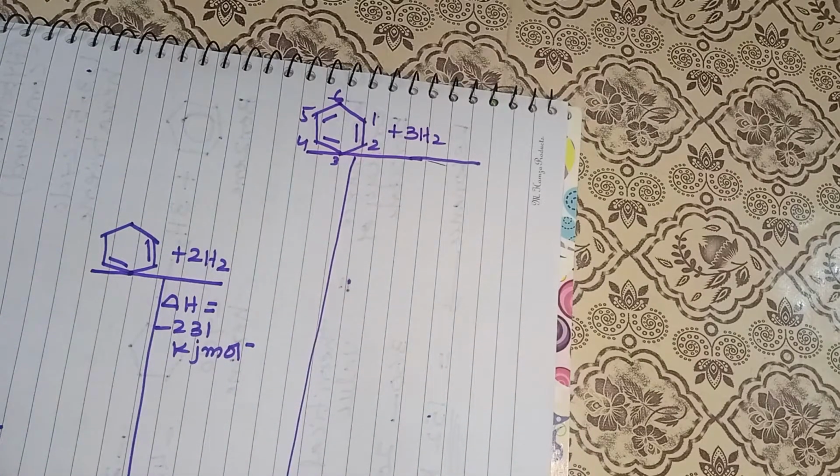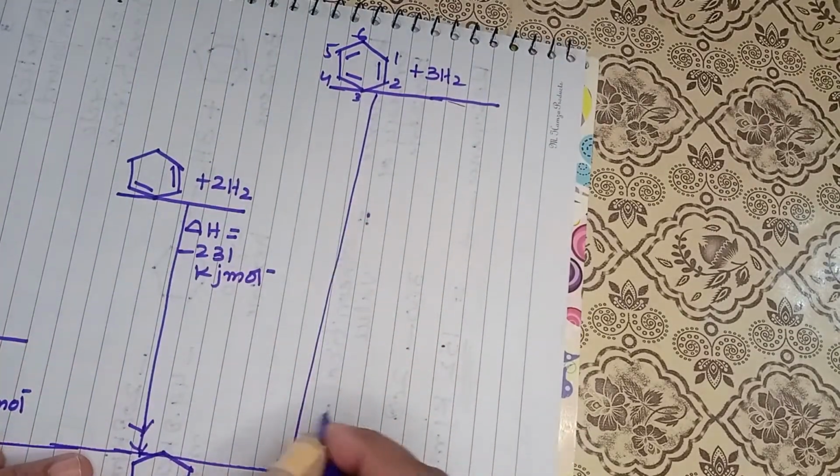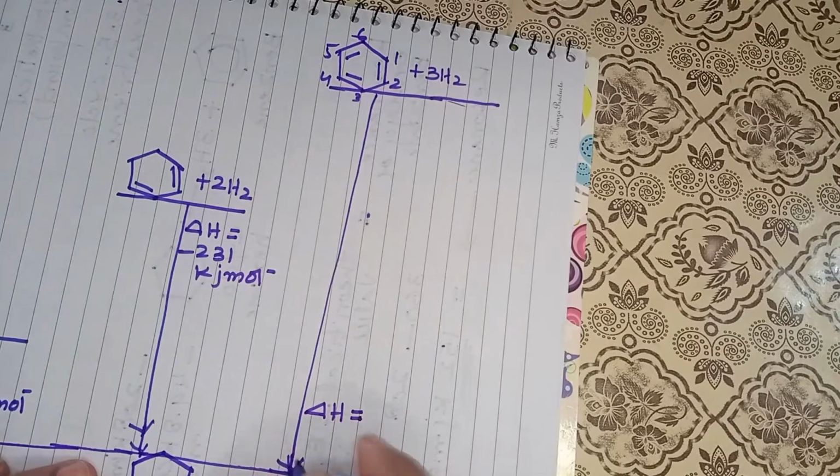So the heat of hydrogenation for this molecule will be minus 360 kilojoule per mole.